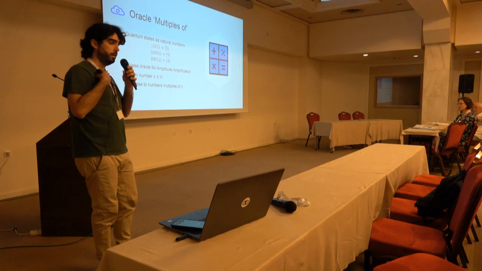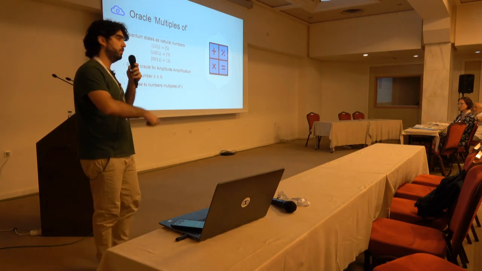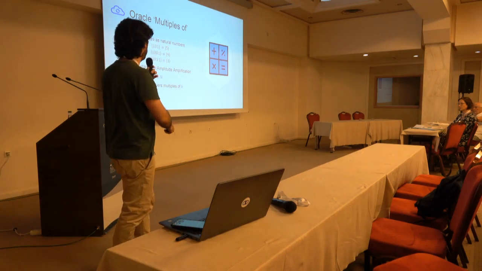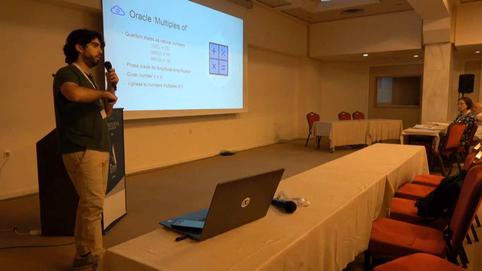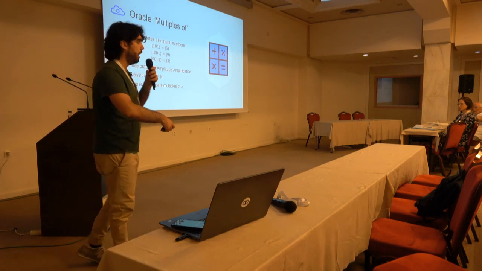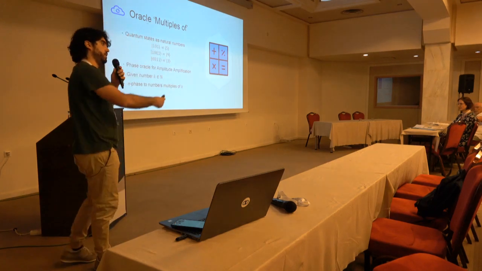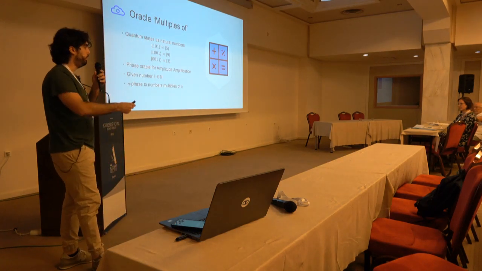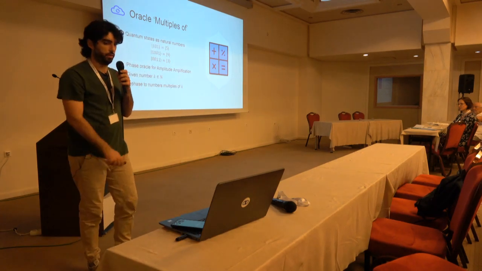So our oracle would mark with a pi phase all those numbers, multiples of a given number k. Okay, I'm expressing this in terms of phase oracles. However, this Grover algorithm also works just changing the amplitude of an extra qubit, an ancilla qubit. But just keep with phase oracles for now.